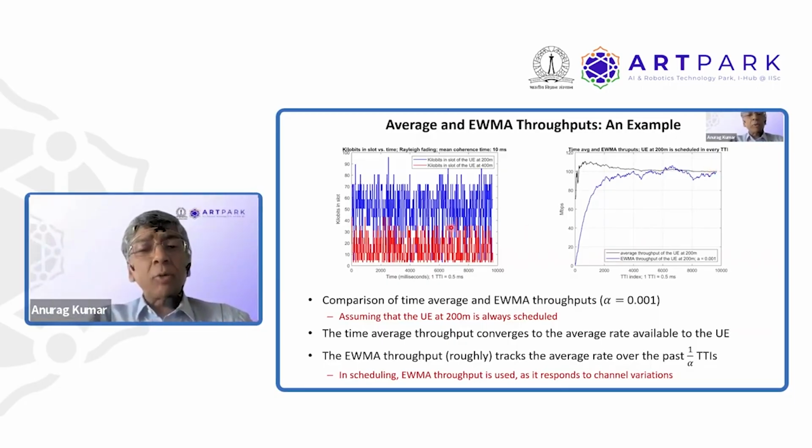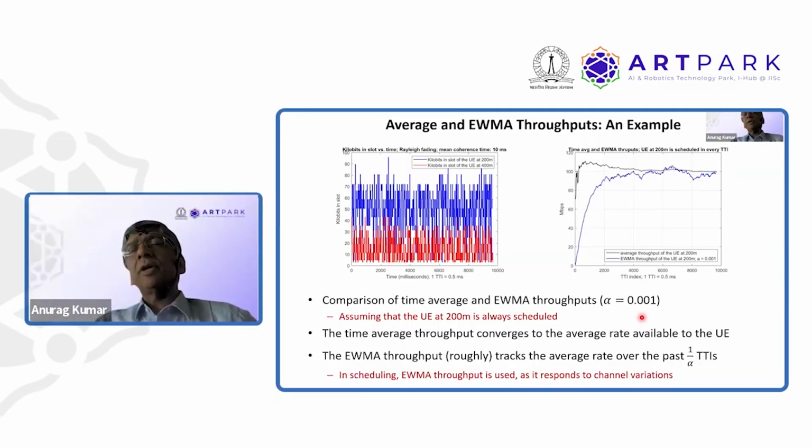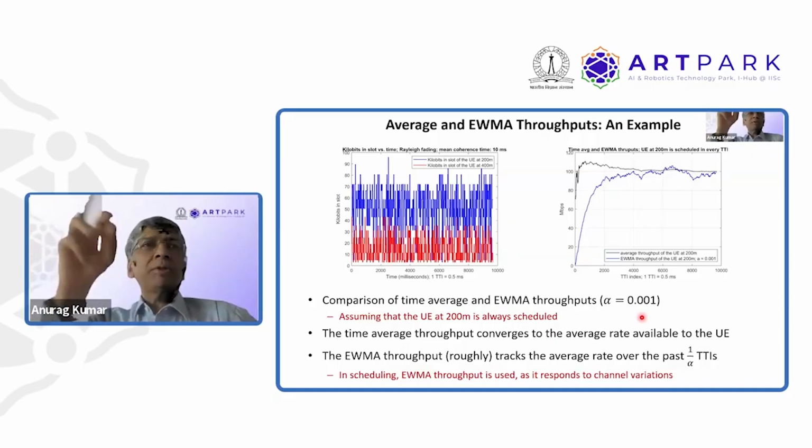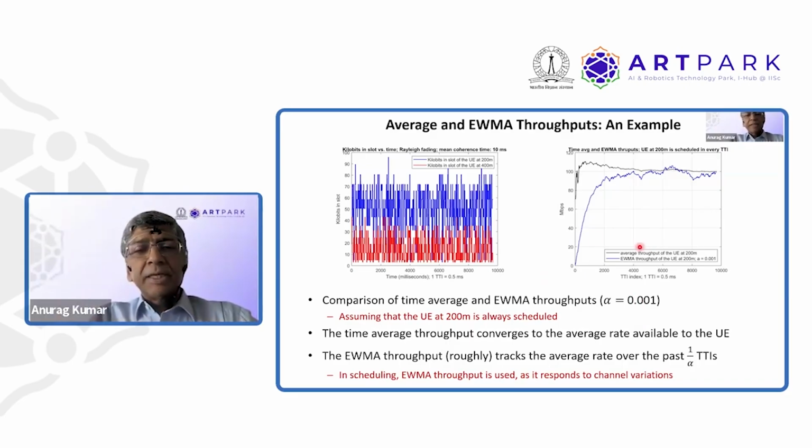Let's take an EWMA average of the blue plot, with alpha equal to 0.001. It turns out, and I'll show this in the next slide, that 0.001 means you're averaging over the last 1,000 slots. You're forgetting the history beyond the last 1,000 slots. Now you see what happens. This average builds up slowly, but it's capturing local behavior.